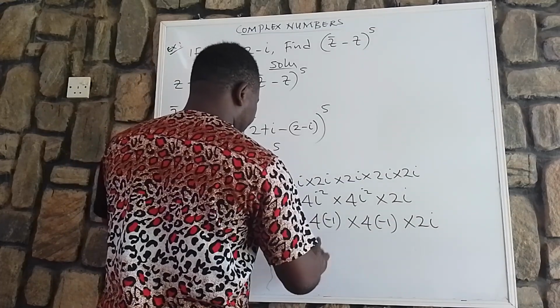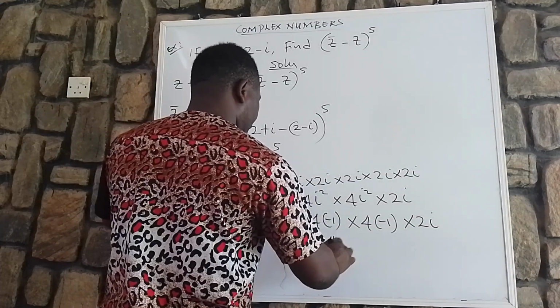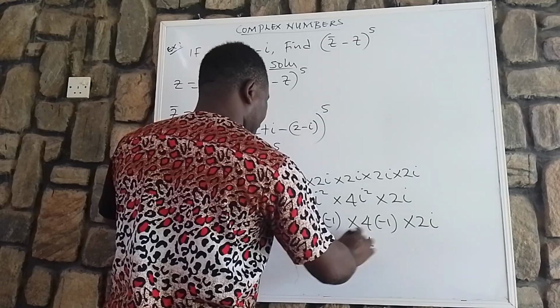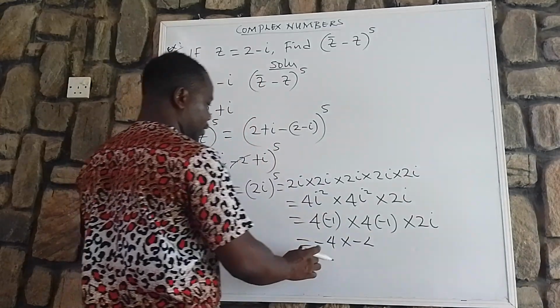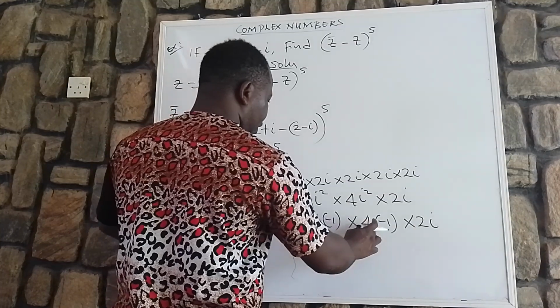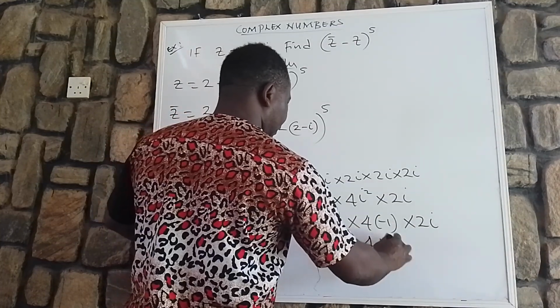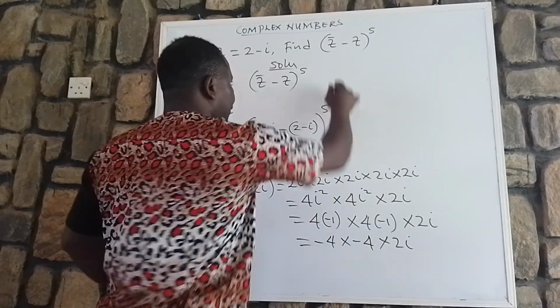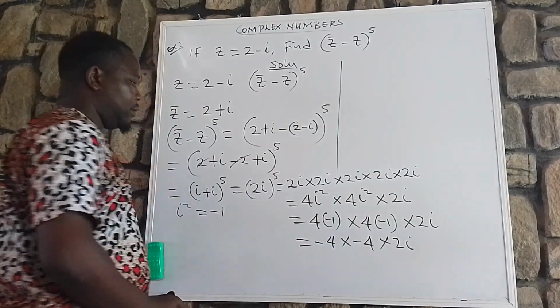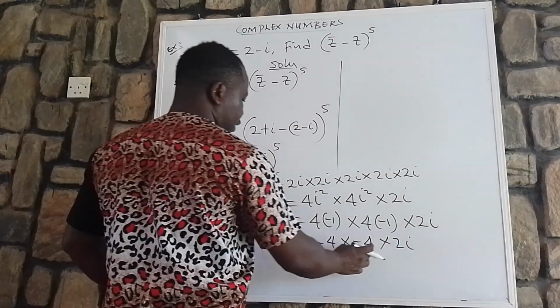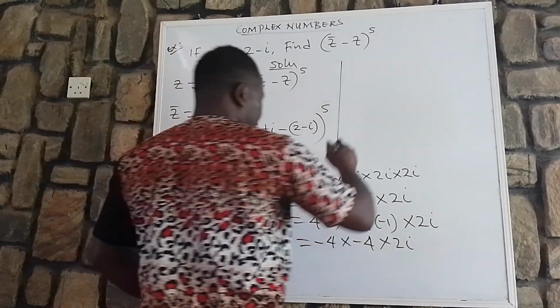So 4 times minus 1 will give us minus 4, and again minus 4. Minus 4 times minus 4 will give us plus 16.